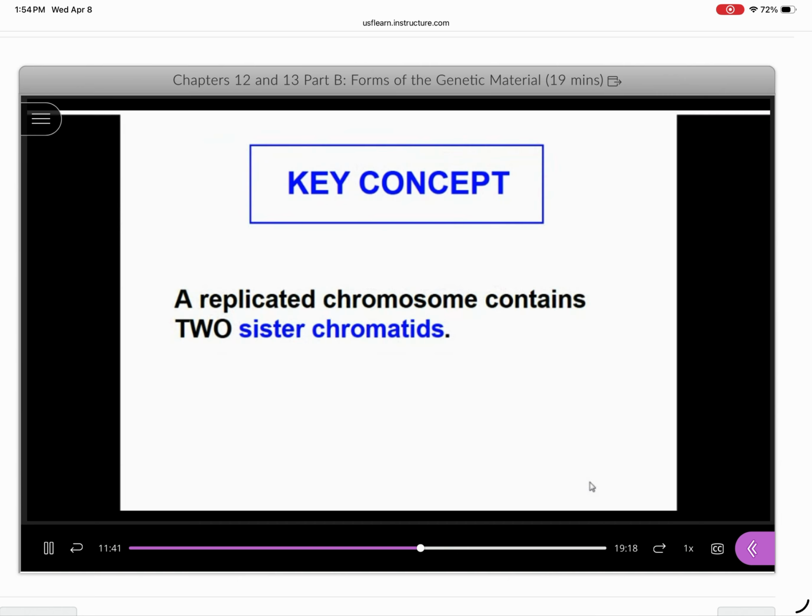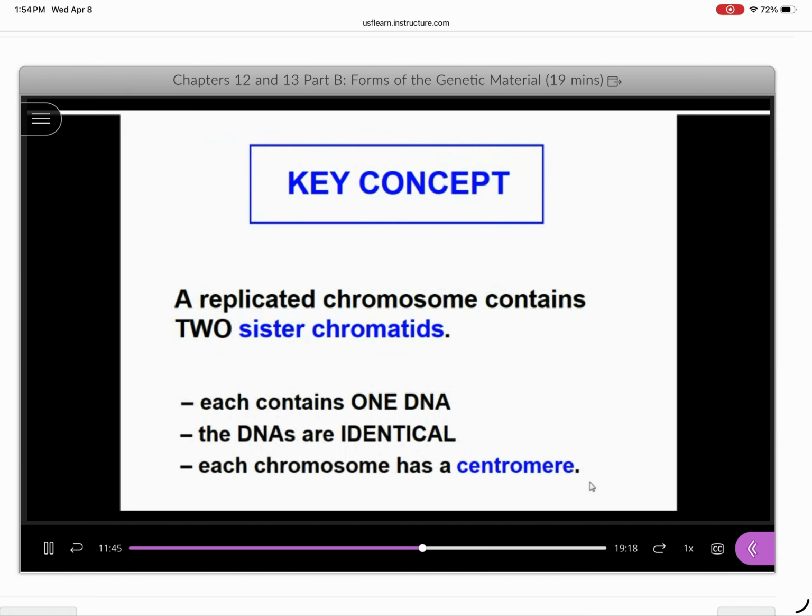A replicated chromosome has two sister chromatids. Each one contains one DNA, again, wrapped around protein. The DNAs are the result of replication, the copying of DNA. They're therefore identical. The DNAs are identical.